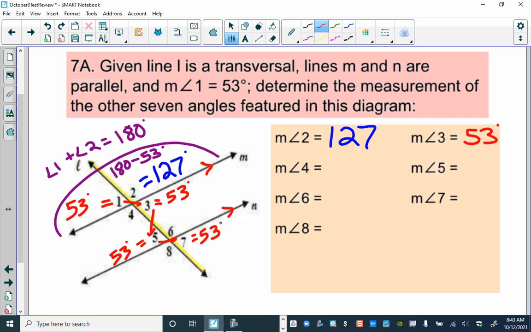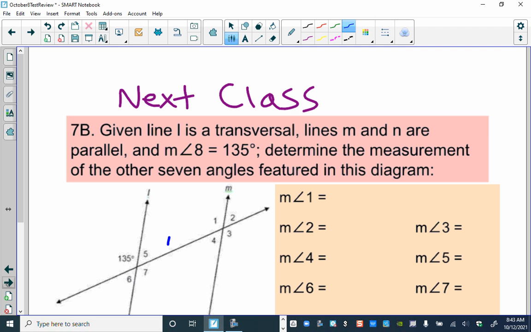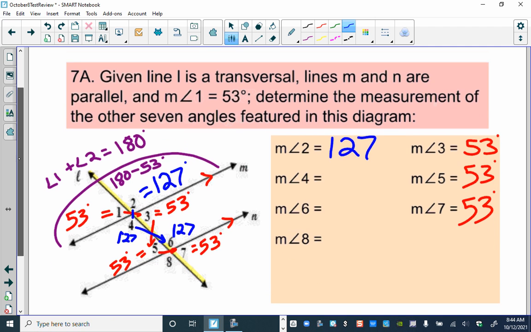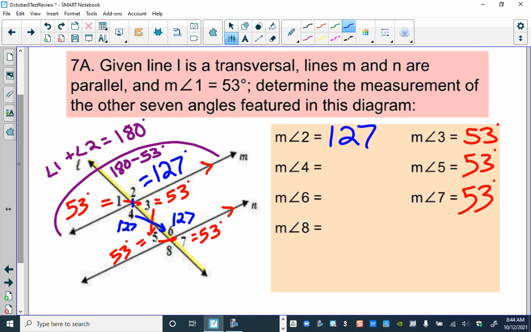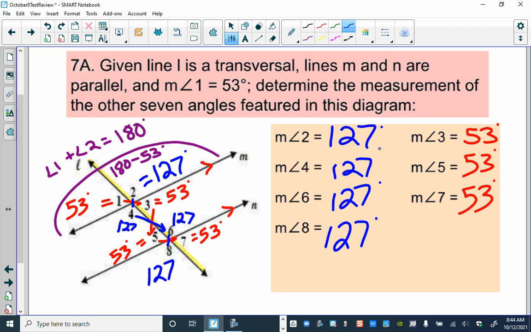And you can say the exact same thing for the other. 3, 5, 7, 53 degrees. Then 2, 4, 6, 8, there you go.